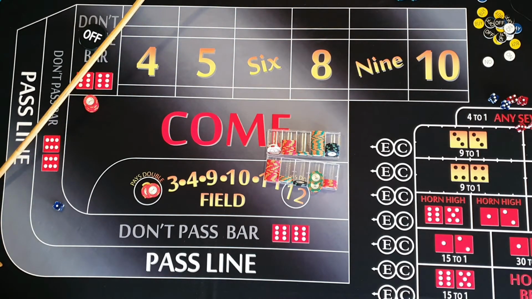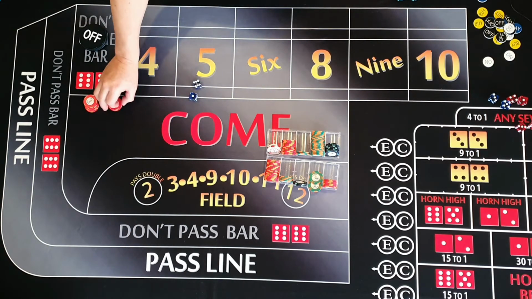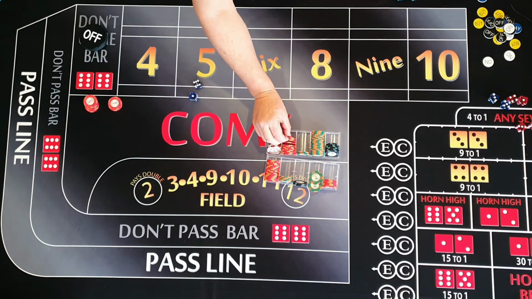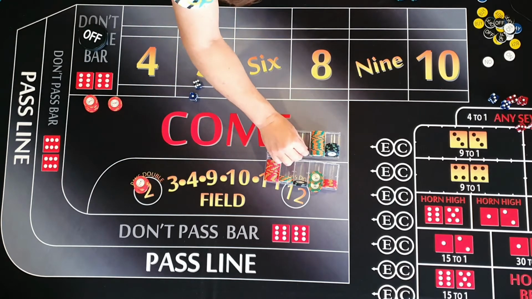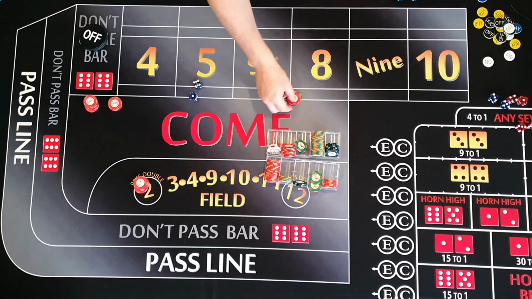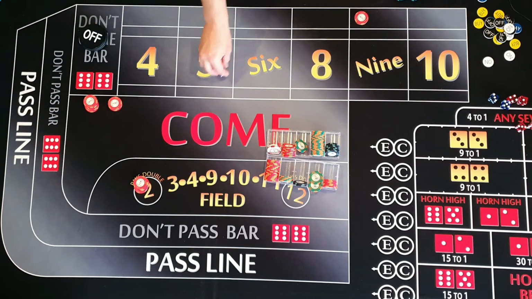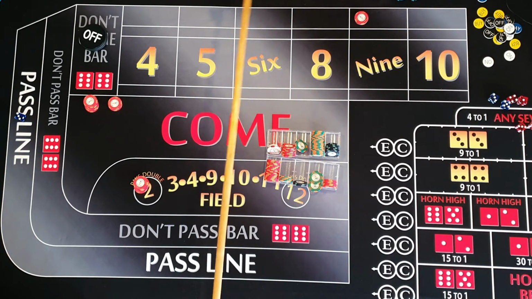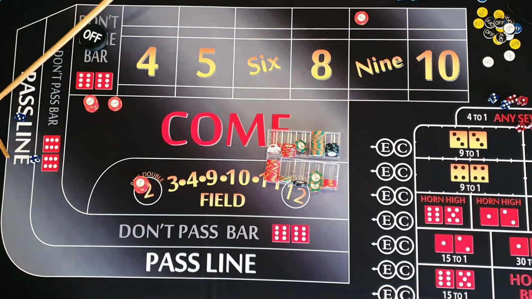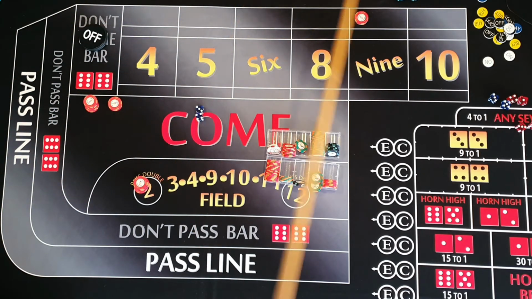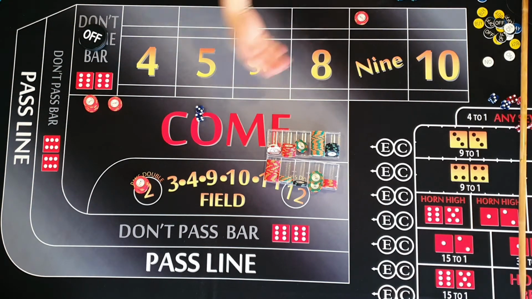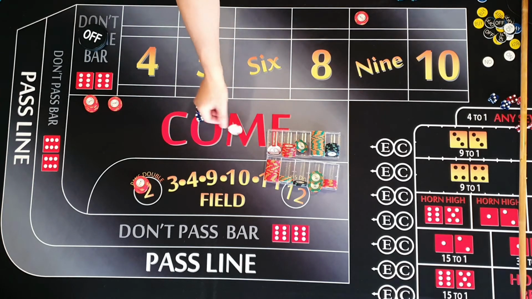And another 7, back-to-back 7s. Right there, now we're up at the $20 level. We've got 30 over here. And another 7, that's 3 in a row. But we're protected, we just have to pay the dollar vig, and away we go.